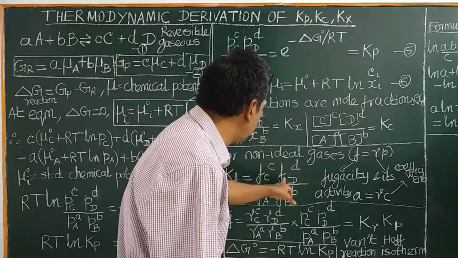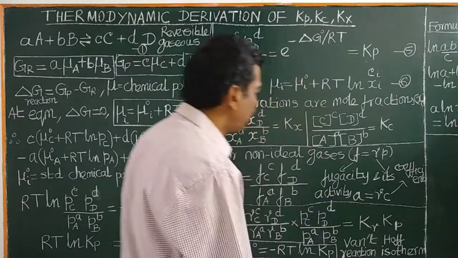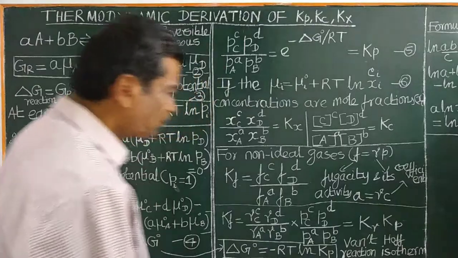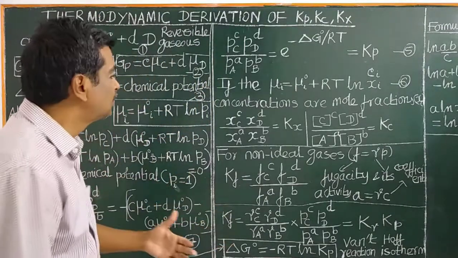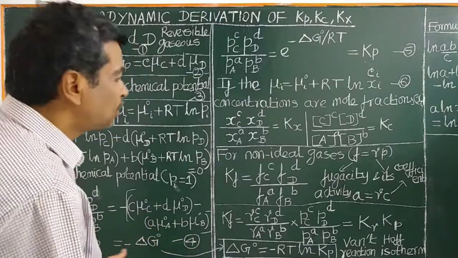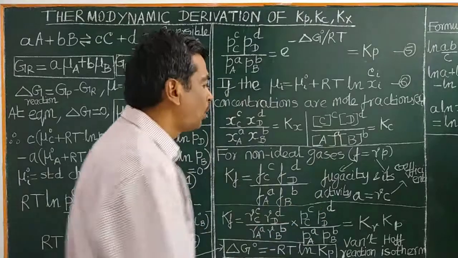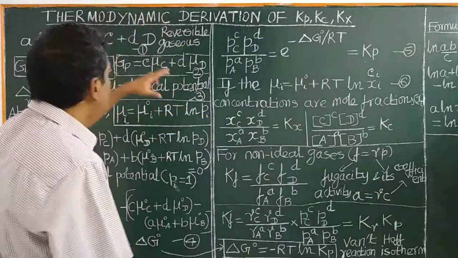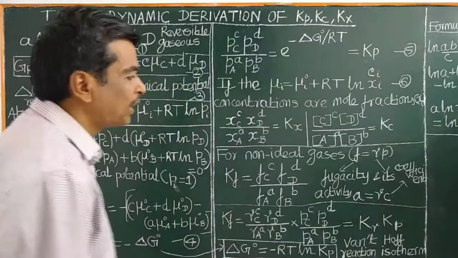F of C to the power c, F of D to the power d, divided by the corresponding terms for A and B. Similarly, in terms of activity, for reactions in solution, the activity of the reactants and products is directly proportional to its concentration in moles per liter.